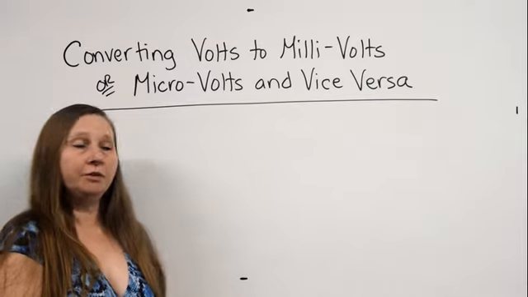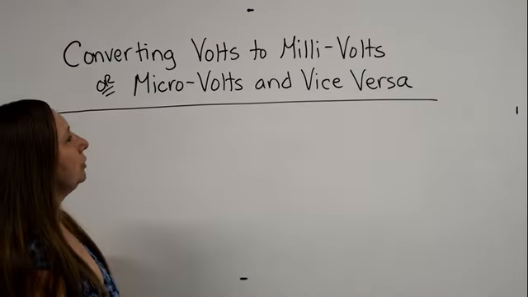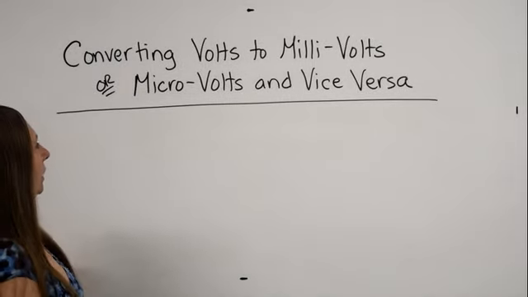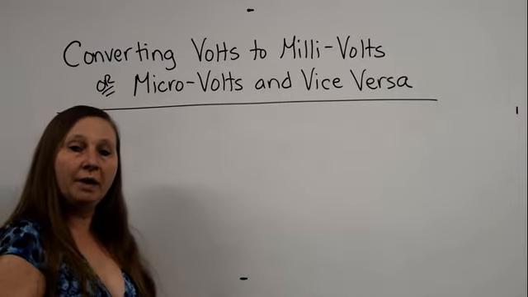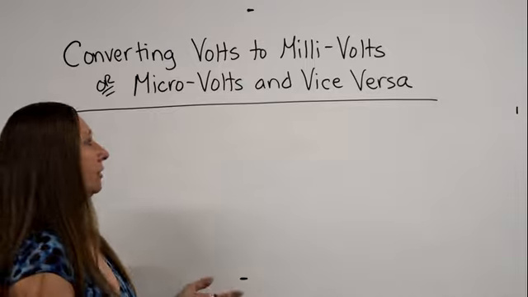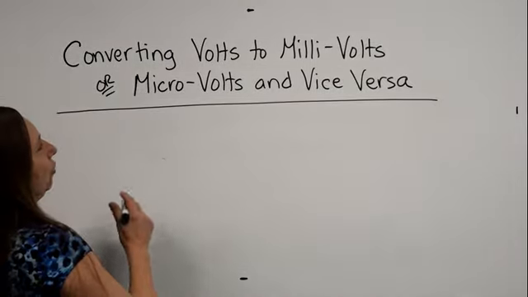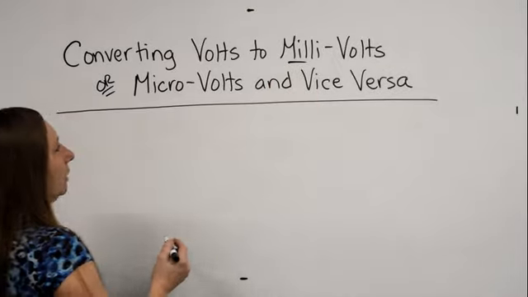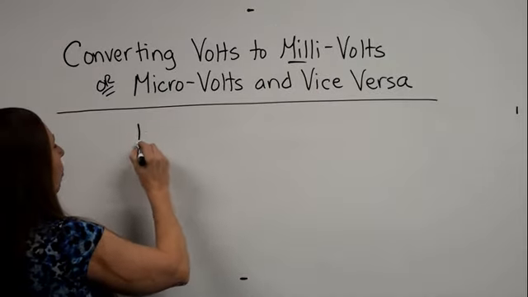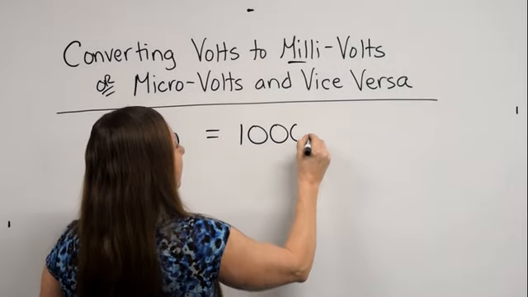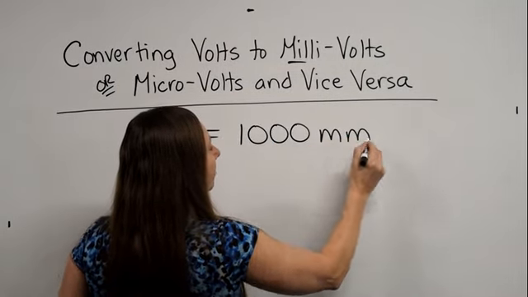Now, if we're going to convert volts to millivolts or microvolts or vice versa, we're going to have to know how many millivolts there are in a volt and how many microvolts there are in a volt, etc. So what if we start with milli, and we look at the fact that 1 meter is equal to 1,000 millimeters.